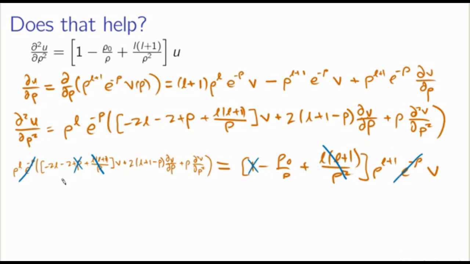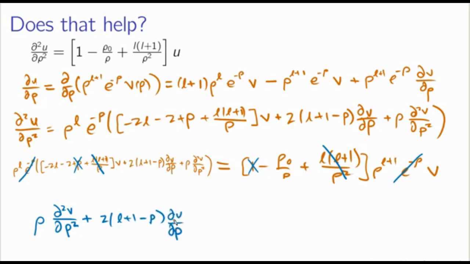What you're left with when you've done all of that for our overall ordinary differential equation for v is that rho times the second derivative of v with respect to rho, and I'm rearranging terms, moving things to the left-hand side so we have something that looks more like a typical ordinary differential equation, plus 2 L plus 1 minus rho, what we're left with from the right-hand side, from the left-hand side, multiplied by the first derivative of v with respect to rho.